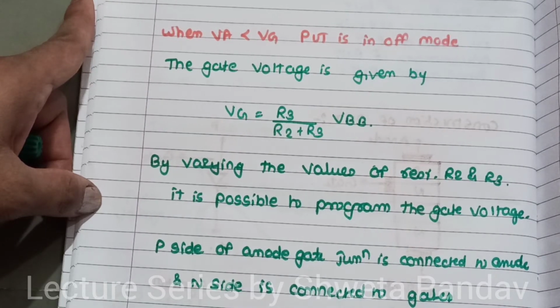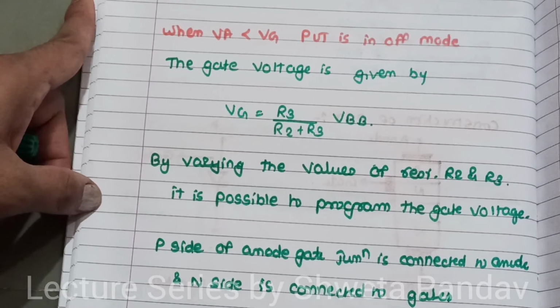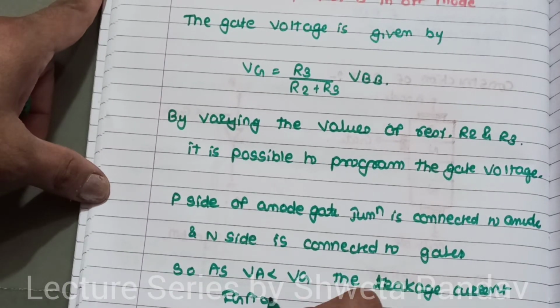So as anode voltage is less than VG, the leakage current IGAO will flow across the PUT.